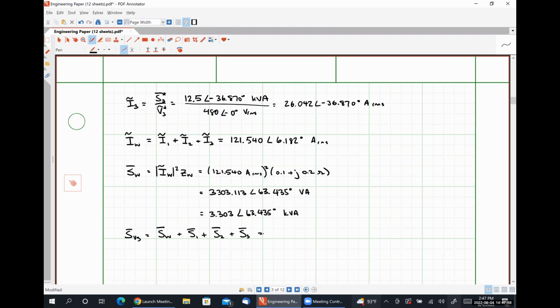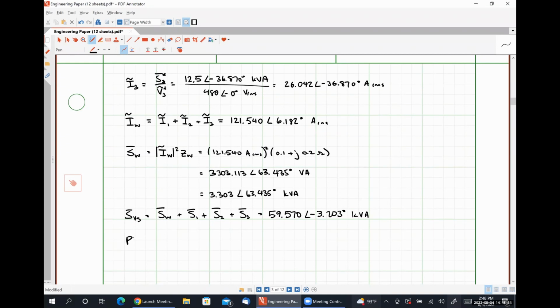Let me make sure I got all the signs on my angles correct. Looks like I did. I get 59.570 with an angle of negative 3.203 degrees kilovolt amperes.